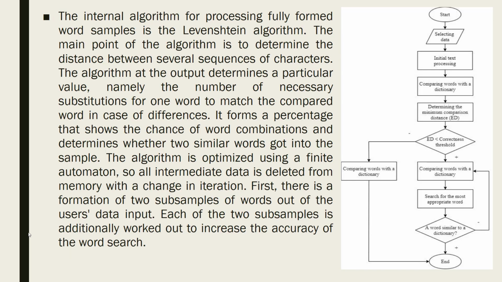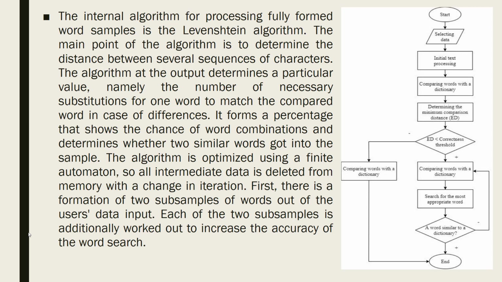The internal algorithm for processing fully formed word samples is the Levenshtein algorithm. The main point of this algorithm is to determine the distance between several sequences of characters. The algorithm as output determines a particular value, namely the number of necessary substitutions for one word to match the compared word in case of differences.